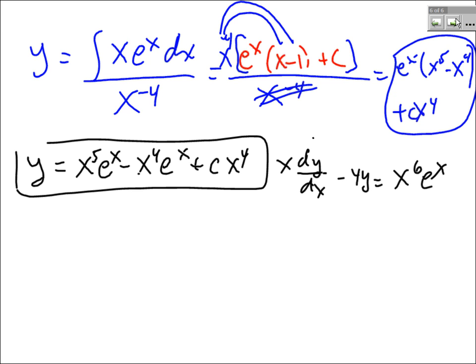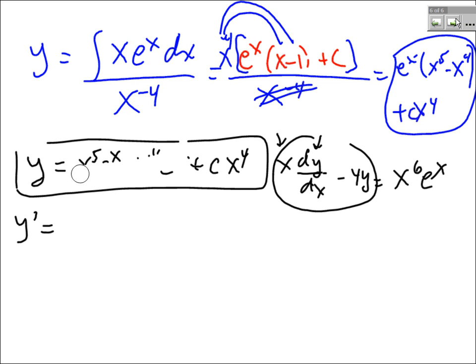So let us work on the left side. Let us find y prime, or dy dx, and multiply it by x. And maybe it would actually be easier to do this in the factored form, like I have at the top right.